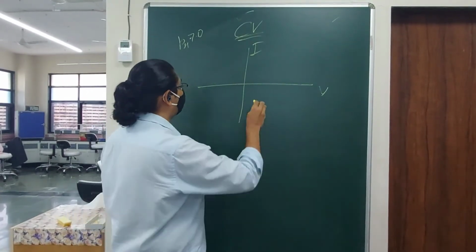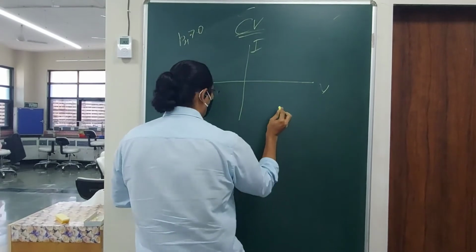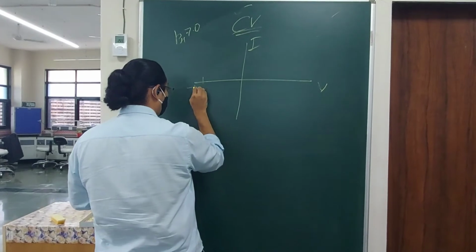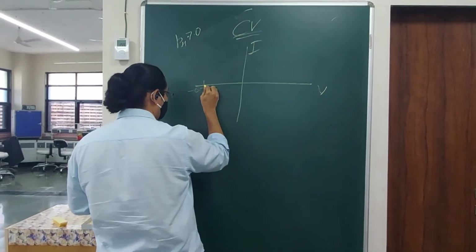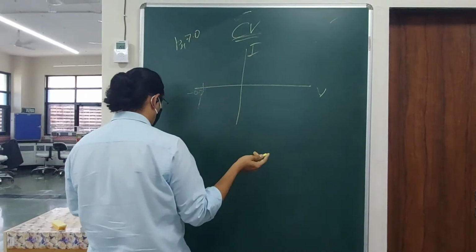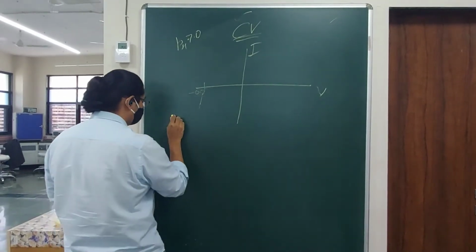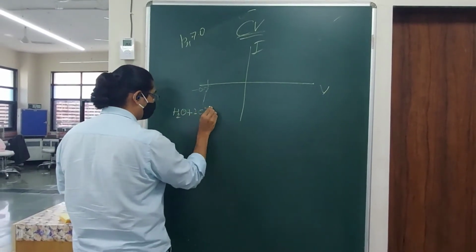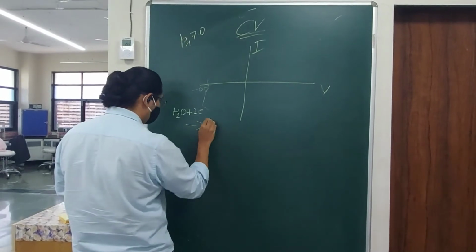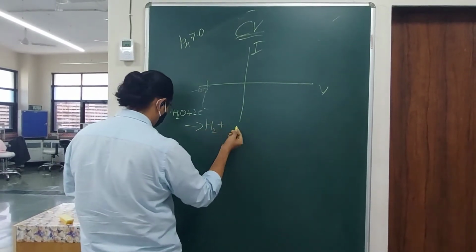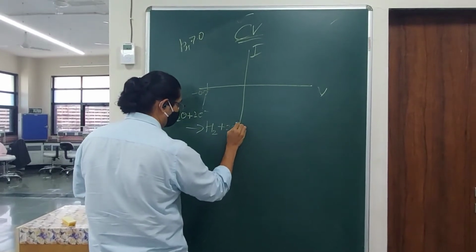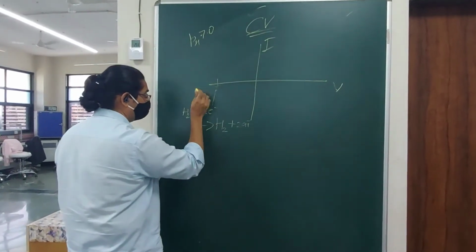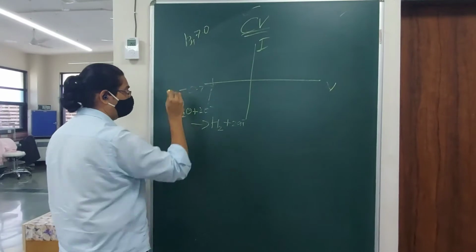At neutral pH, for platinum, what happens if you have, say, 0.7 negative, it goes like this, the reduction potential. What kind of reaction happens here? Your water will take 2 electrons and liberate hydrogen plus 2 times OH minus. That's the reduction happening at 0.7 negative.